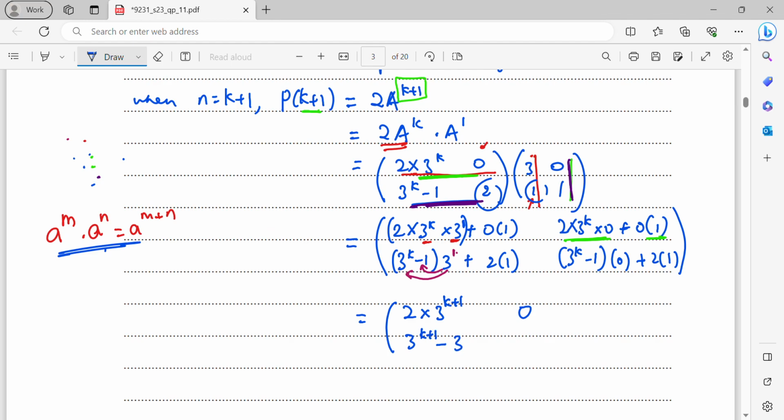Then minus 3, because the 3 multiplies with minus 1. Then don't forget there is a plus 2 here. Now, the last one is going to be, here is 0, then this is 2.